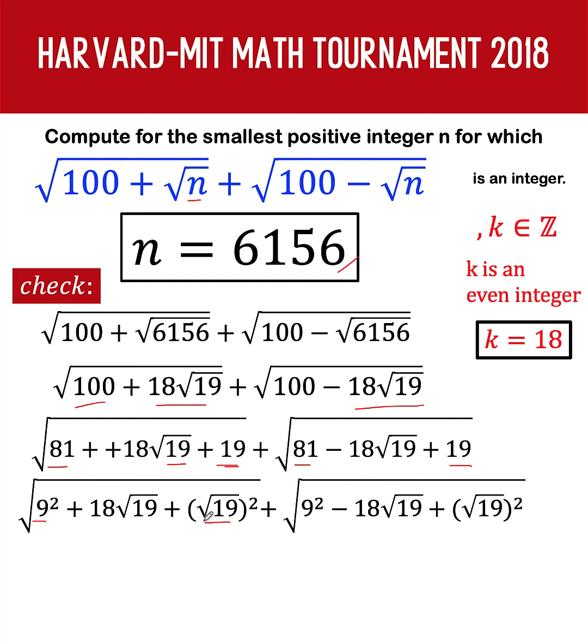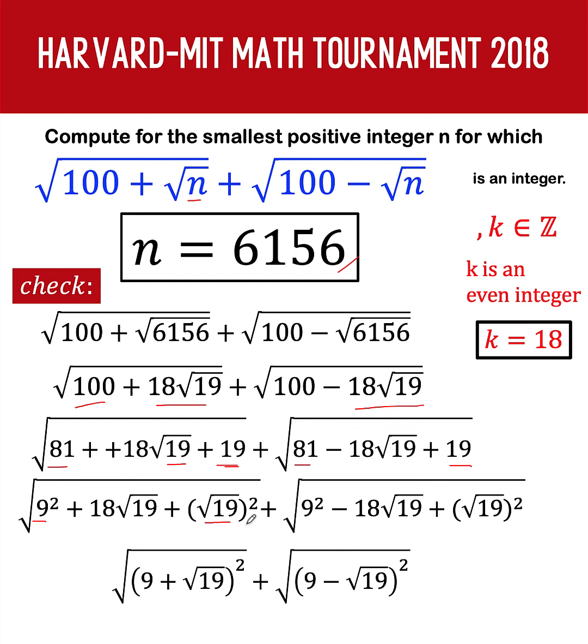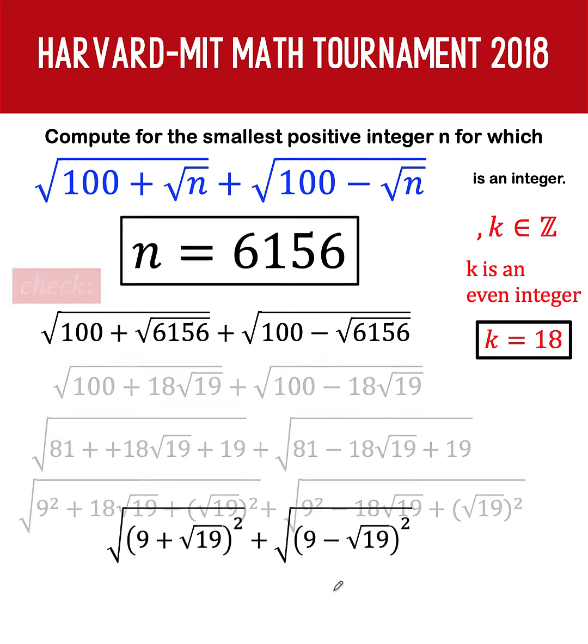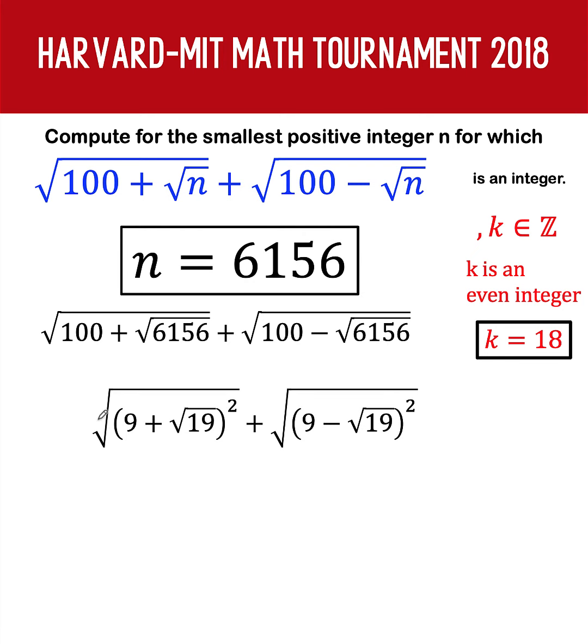So we can now write this expression as the square of the binomial 9 plus square root of 19. Here, it's also a square of a binomial, but the sign is minus. Then simplifying further, notice now that this square root and this exponent will cancel each other out. The same thing here. And so we have 9 plus square root of 19. The other part is 9 minus square root of 19.